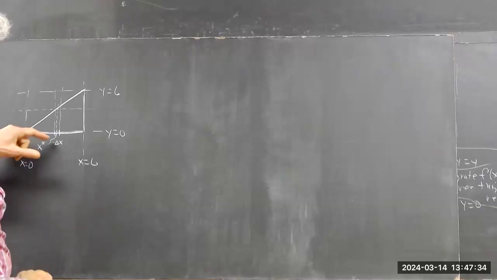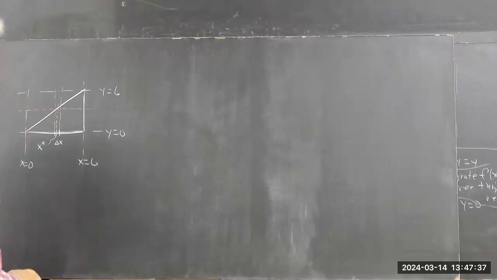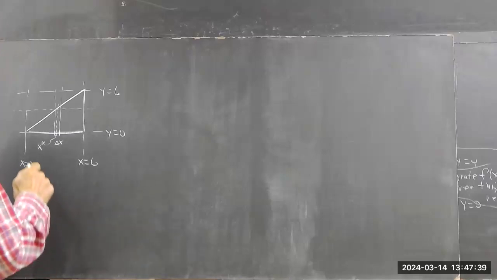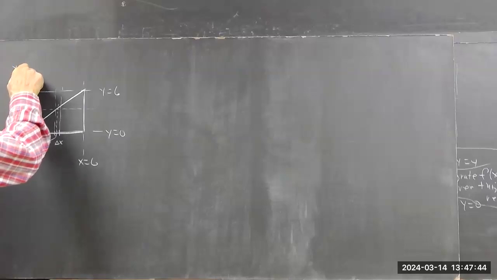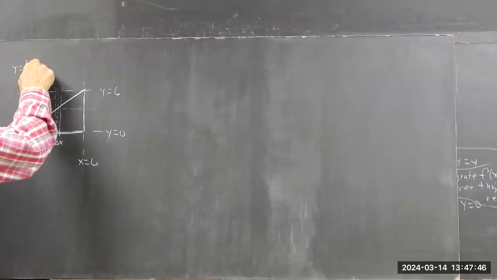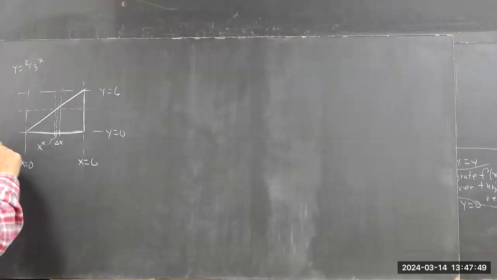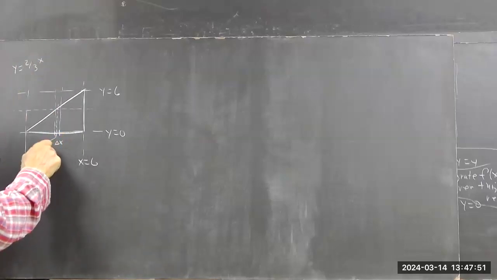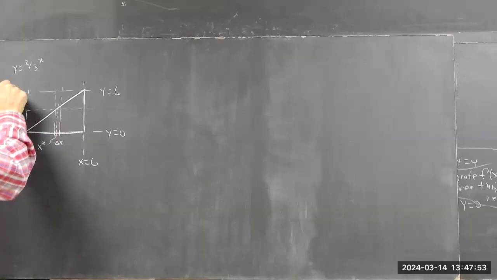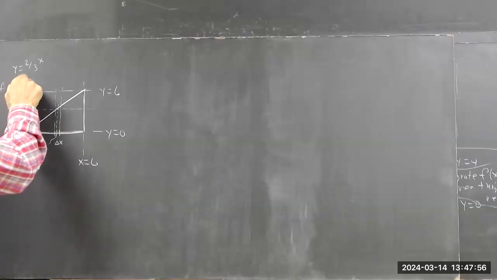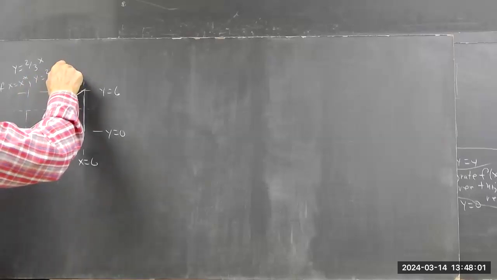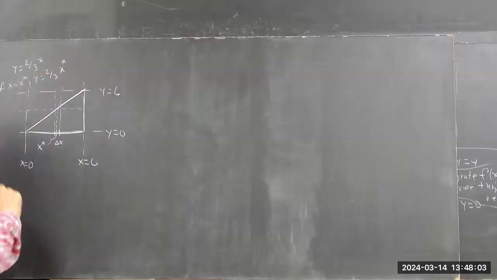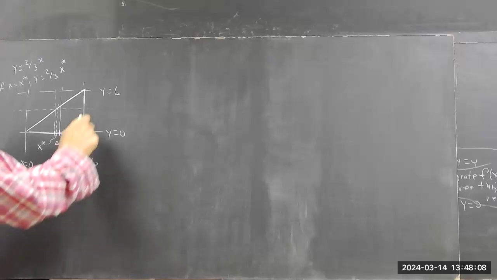And what I'm going to get is y goes from 0 to 2/3 of X. Using the equation, if X equals X star, y is 2/3 X star. So here it is.